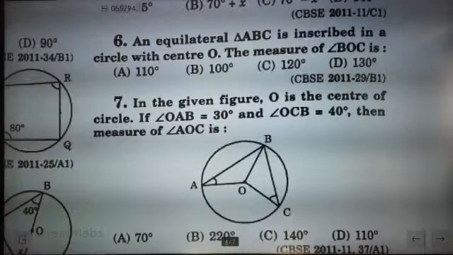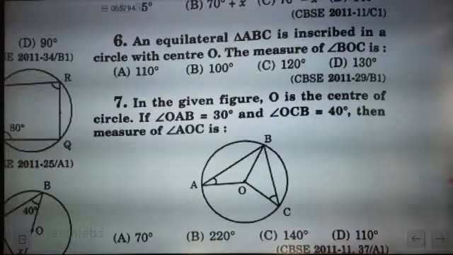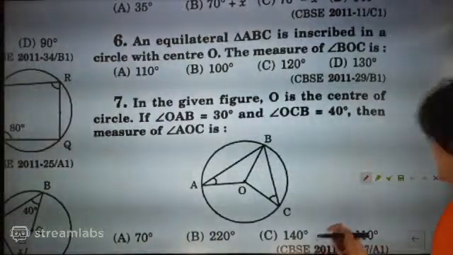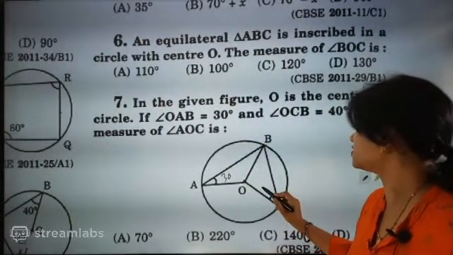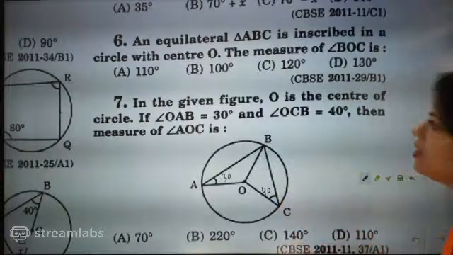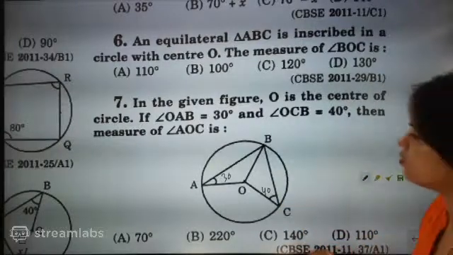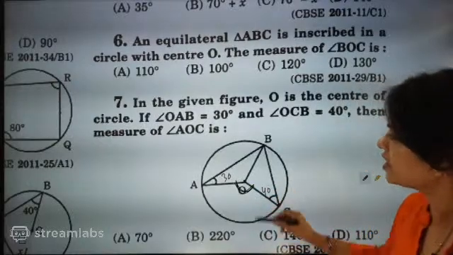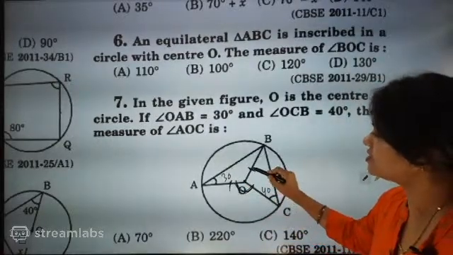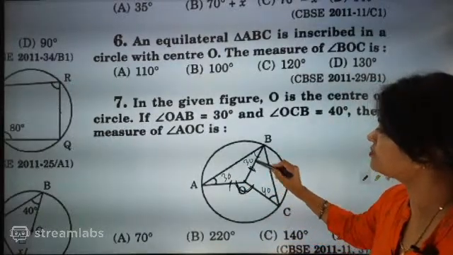Go for question number 7. In the given figure, O is the center of the circle. Angle OAB is 30 degrees and angle OCB is 40 degrees. Then what is angle AOC? We know this is radius and this is radius, so this part will become 30.